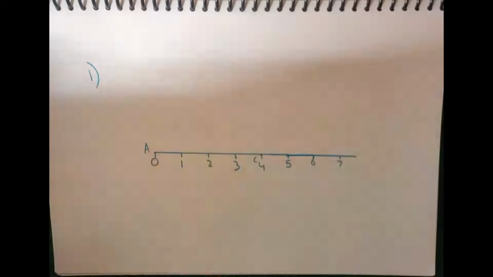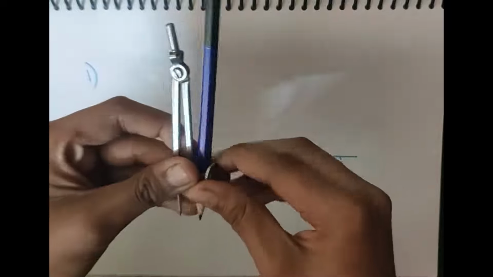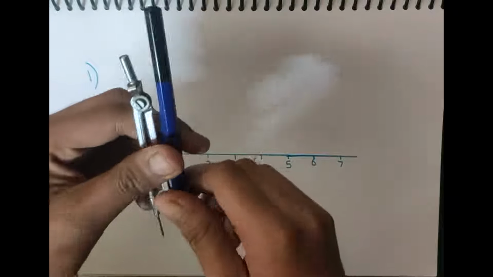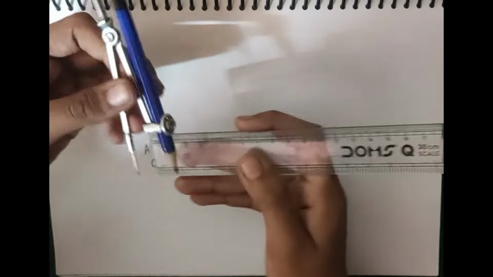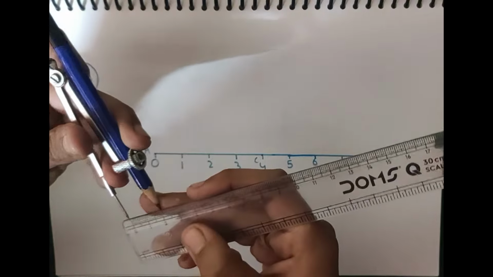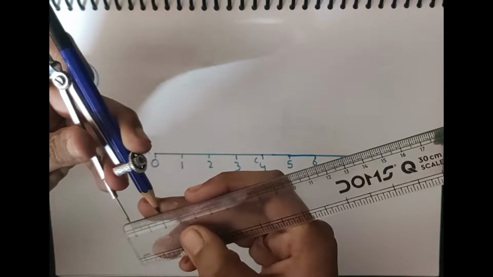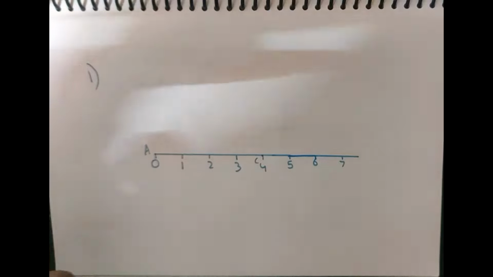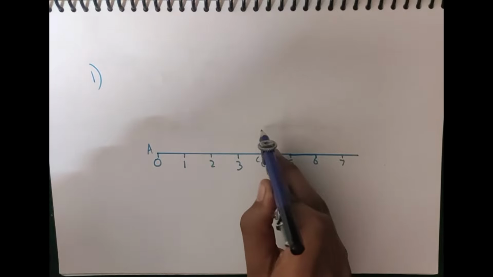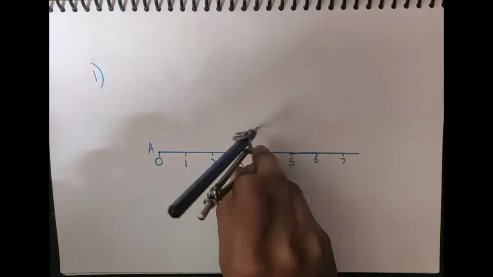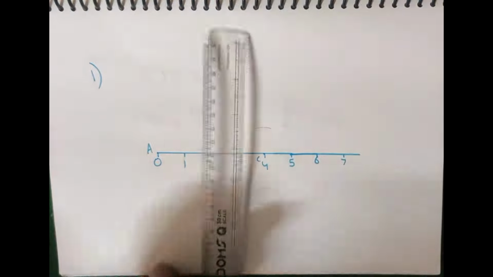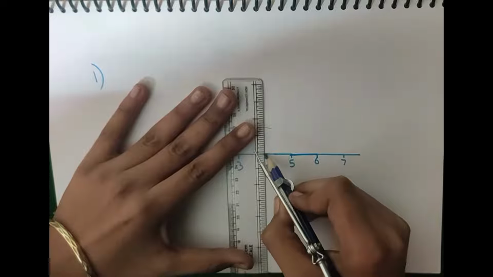Now we have to take our compass, put a pencil in it, and as I have taken 1 unit as 2 centimeters, I will take 2 centimeters in it, but you have to take 1 unit as 1 centimeter, so you will take 1 centimeter in your compass and keep it on point 4 and put a cut, and then you have to draw a perpendicular from point number 4.